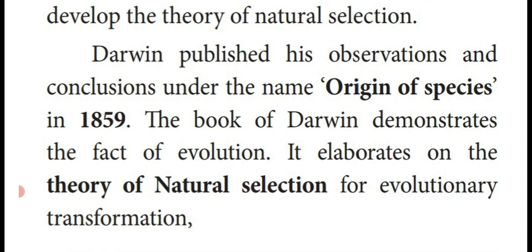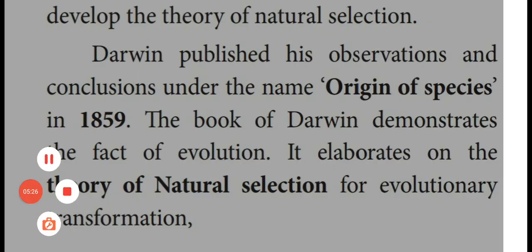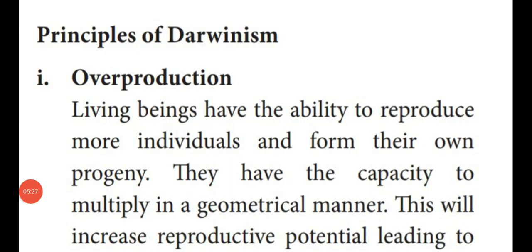That theory is known as the theory of natural selection. Dear students, now we are going to see the principles of Darwinism, which were demonstrated in the book known as Origin of Species.